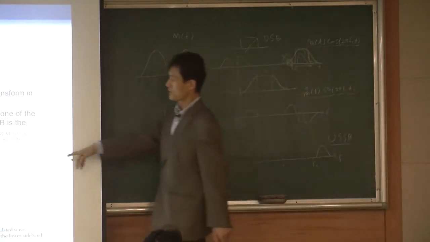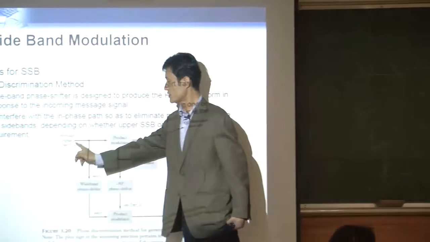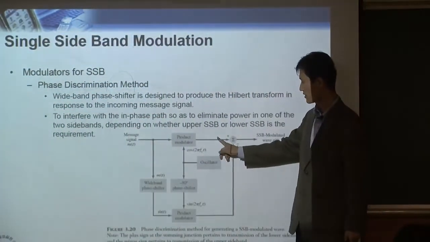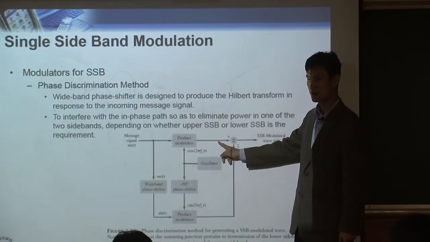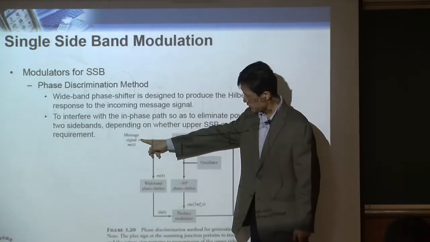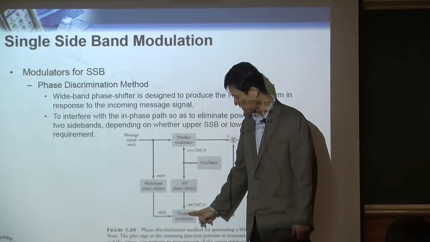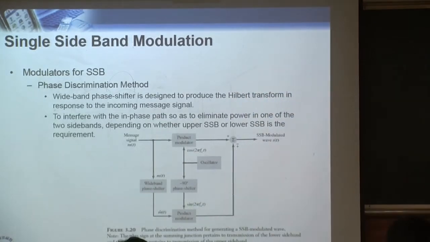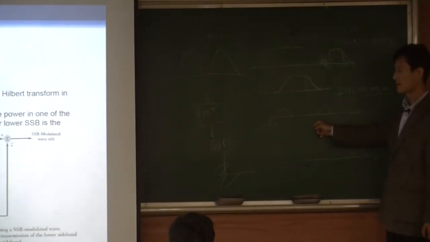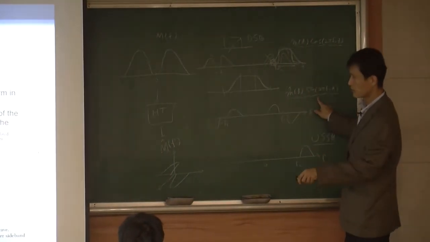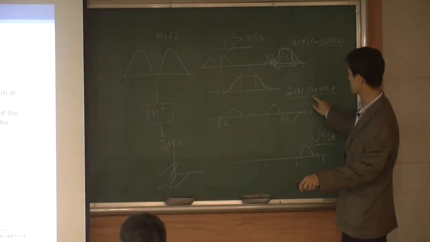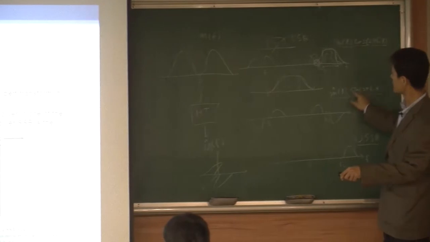When you multiply the original message by the carrier, now you're going to get the DSB signal here. Put the original message into the Hilbert transformer, now you get m hat(t), multiply by sine, then you're going to get this signal right here. So that's the signal you had here. Here you get this signal. And up here you're going to get the DSB.